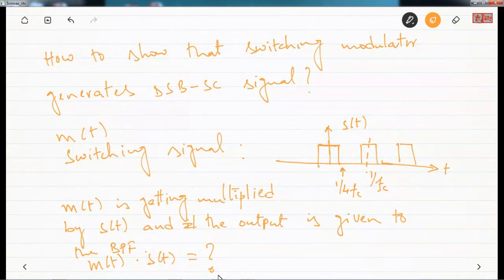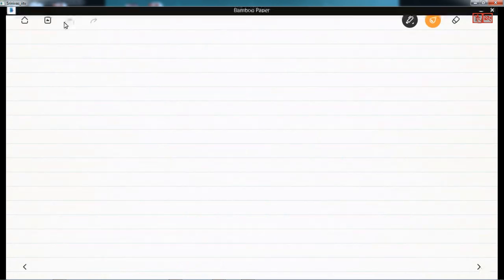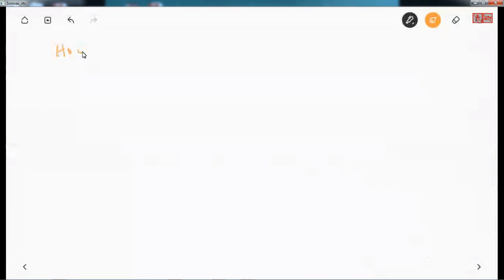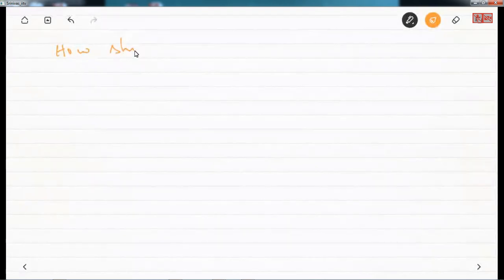So how do you describe this S of t? I have drawn only the diagram. We have only the pulse waveform.